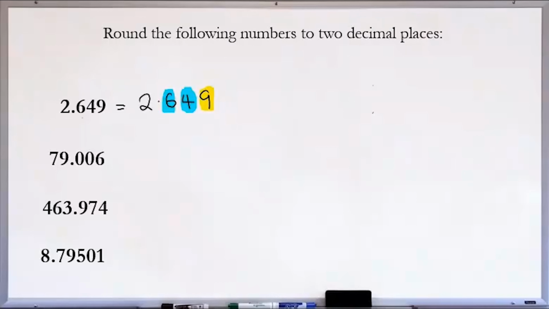Okay, so therefore, we need to check, is this number, the third one after the 2 that we told to keep, up to 5 and more than 5. That means we're going to add 1 to the number in front of it. So we will have what? We will have 2.65.